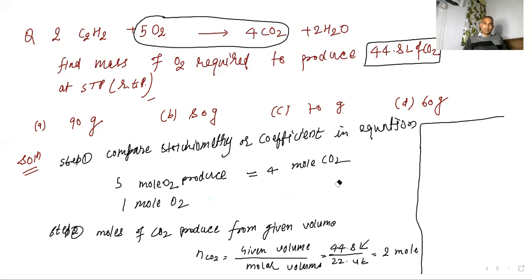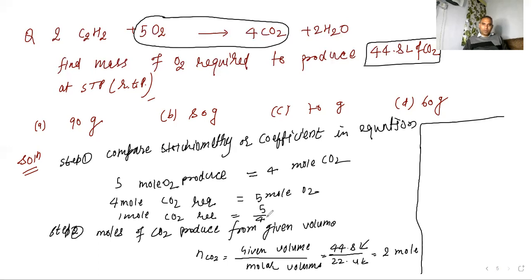We need to write 4 mole CO2 requires 5 mole O2. So 1 mole CO2 requires 5 over 4 mole O2.